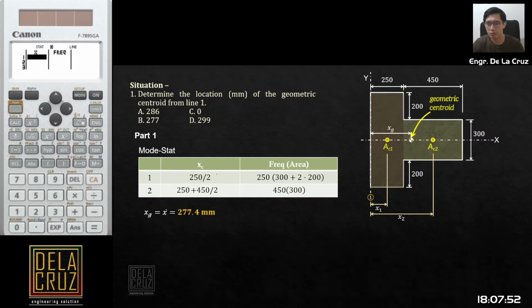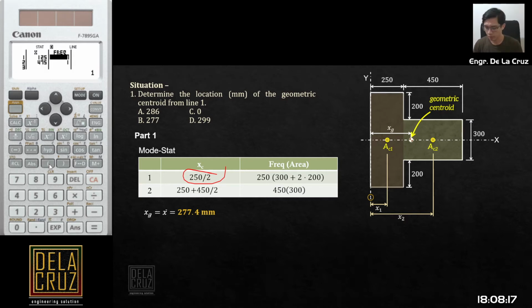Then we just input. First, you have 250 over 2, 250 divided by 2. Second is 250 plus 450 over 2. You can use 0.5 of 450 so you don't have to divide.